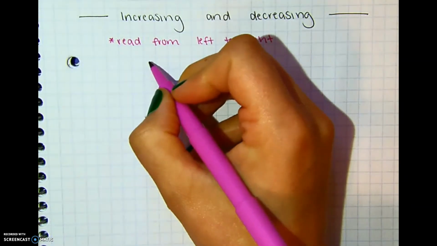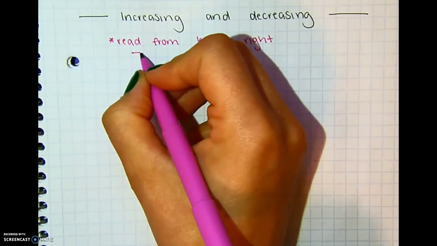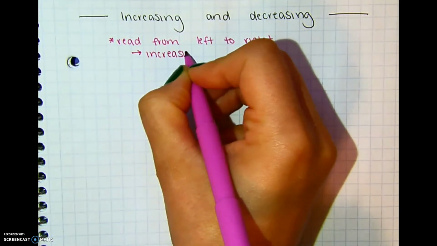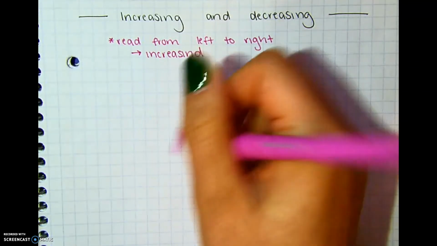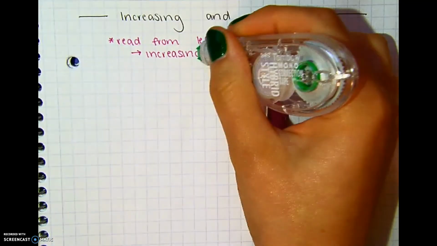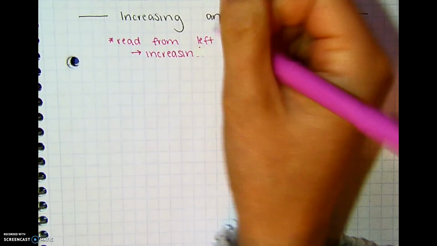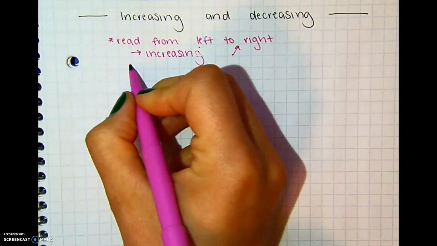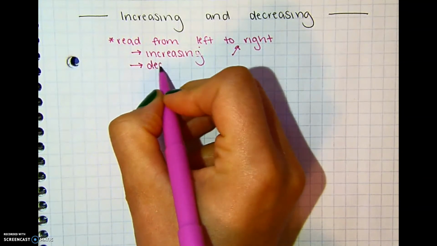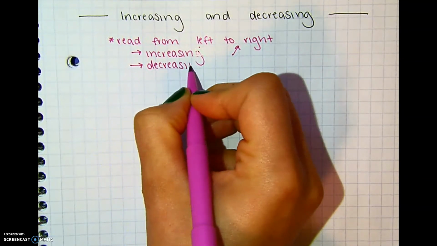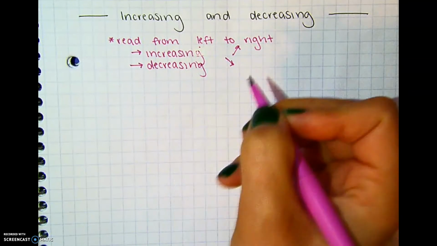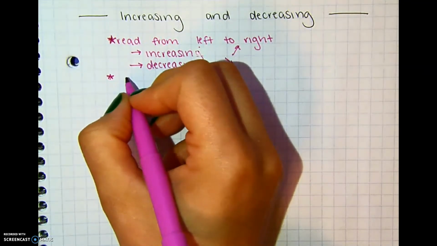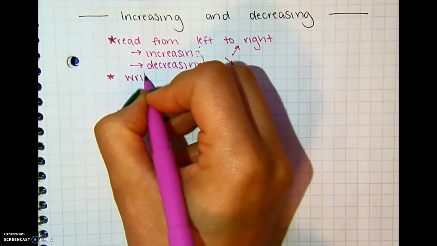Increasing means it's going up, decreasing is going down. And we're asking ourselves, what is the interval it's increasing or decreasing? So it's written in interval notation.